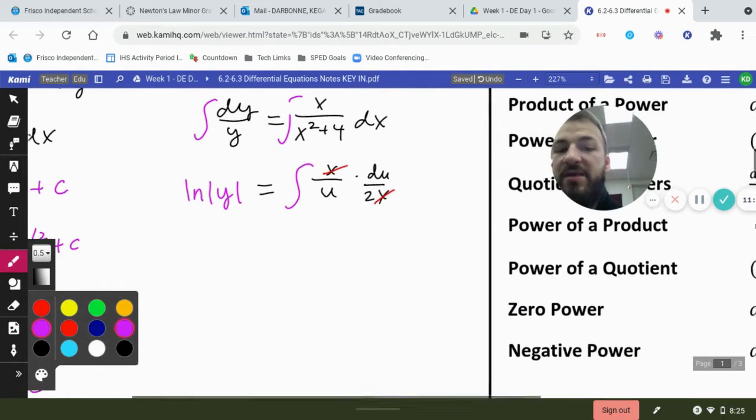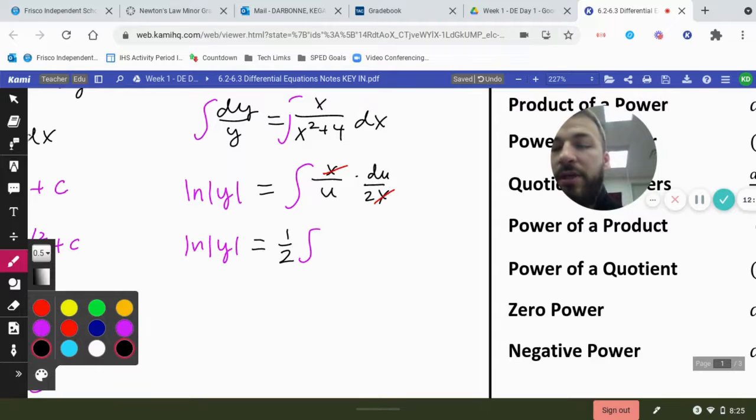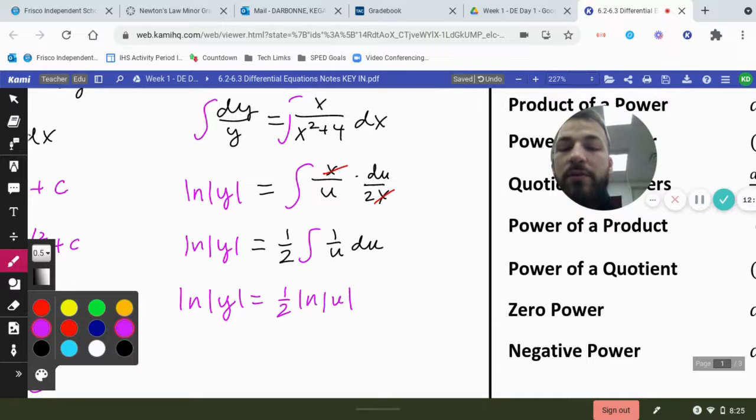So then this becomes the natural log of the absolute value of y is equal to 1/2 times the integral of 1 over u du, which once again becomes the natural log of u.